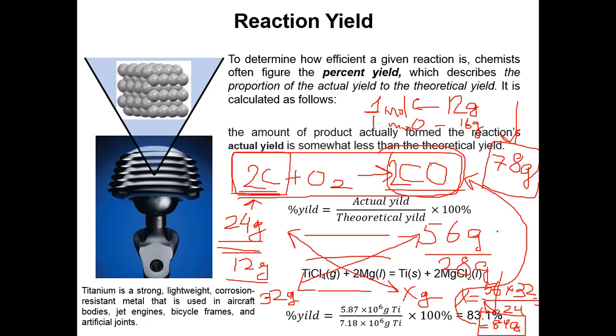Yes, looks like that. So it's going to be percent yield. It cannot be 0.90. So percent yield is going to be actual, which is 78 grams, over 84 grams, multiplied by 100%.